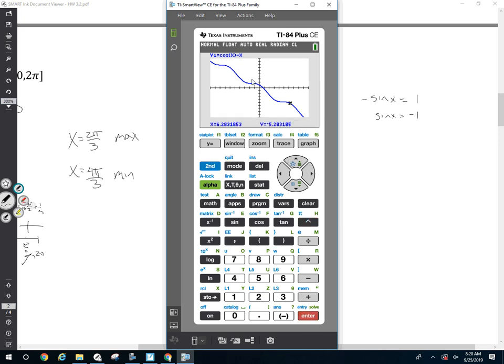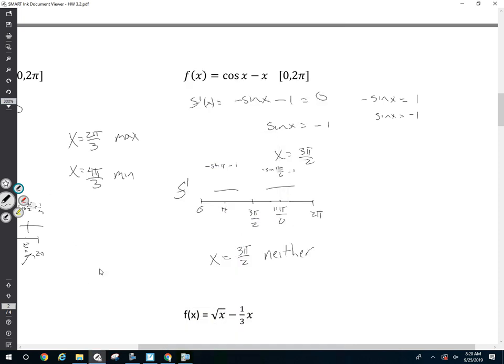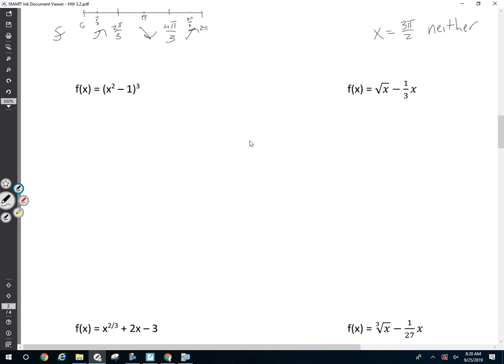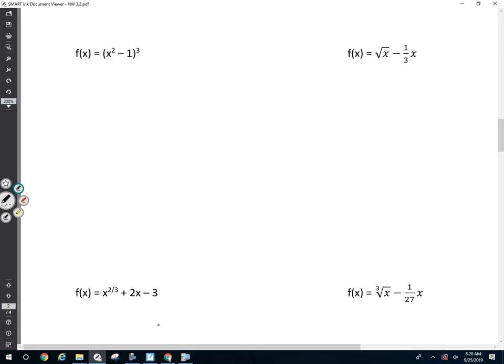We can see the function goes down, it flattens out, and then it goes down. Guess where it flattens out? At 3 pi over 2. So our analysis was correct. I just thought that this would have a max or min, but turns out no maxes or mins for this. But we do have a critical point. All right, great. Moving on.